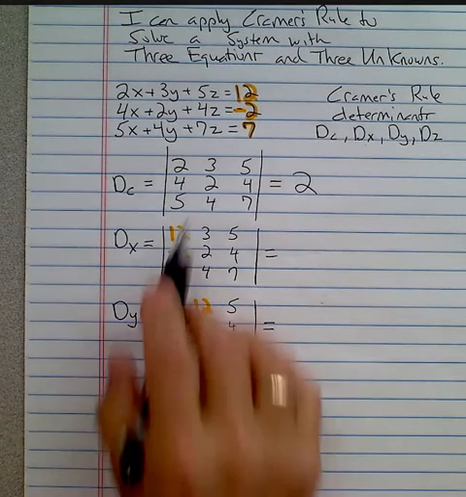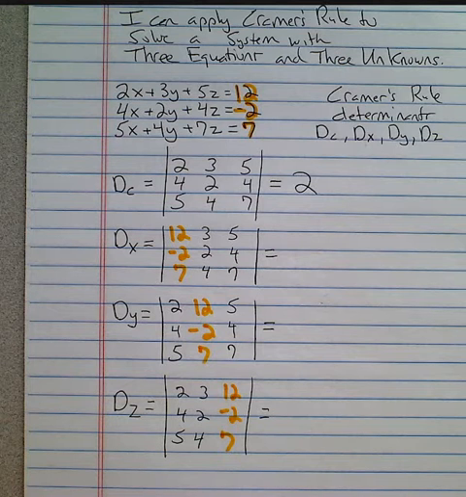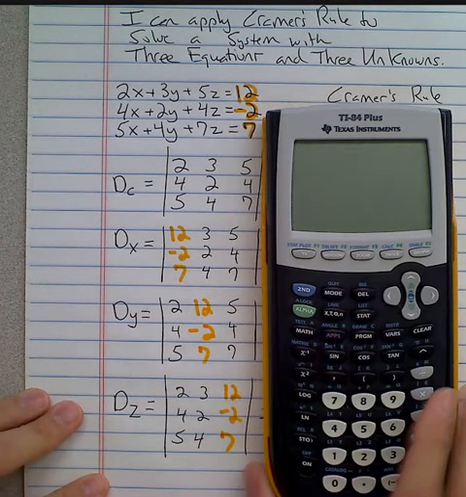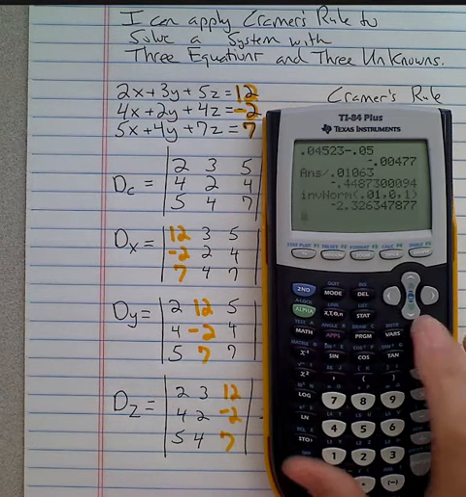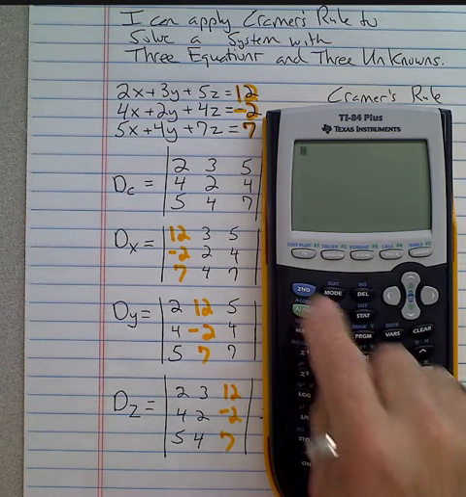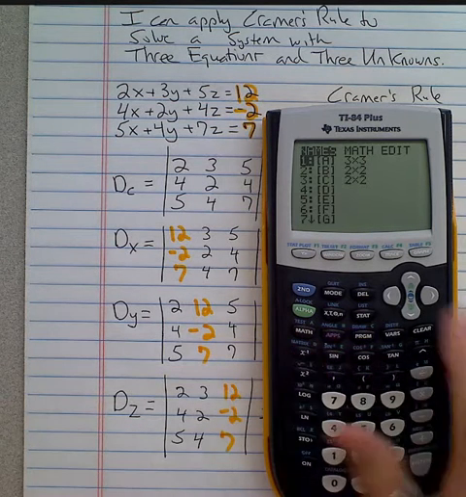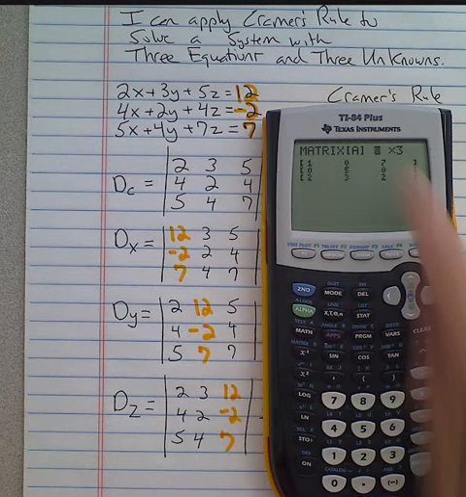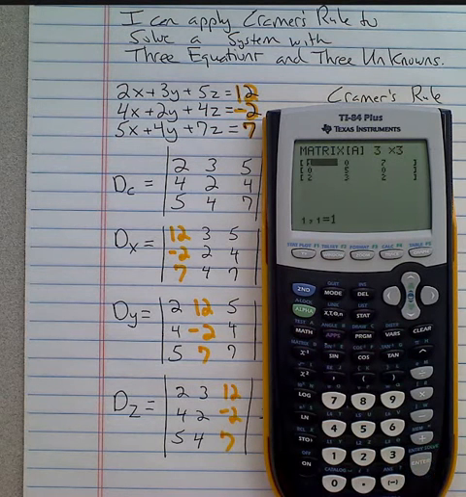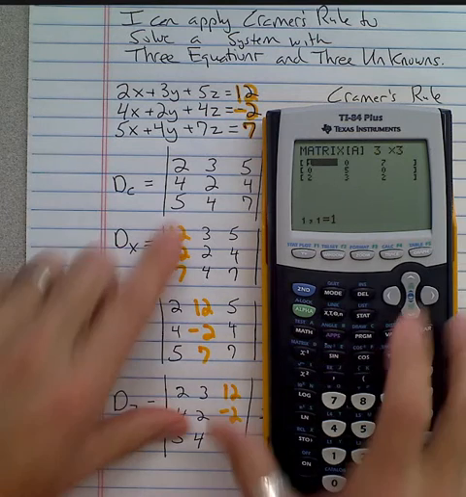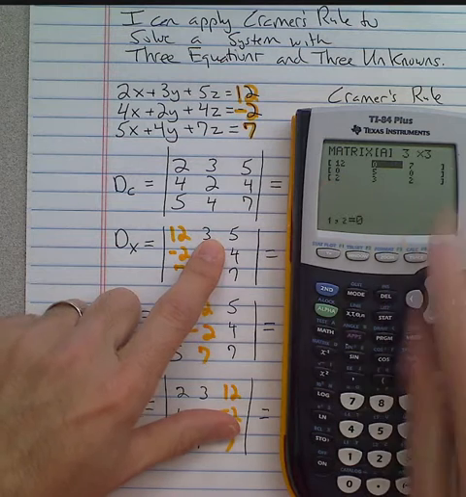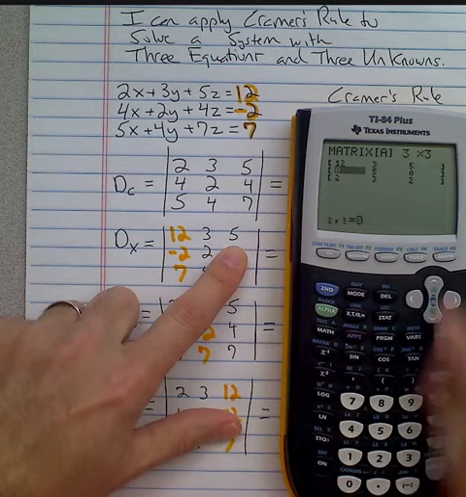I could do the diagonal method again. There's also a way that we can use the calculator to find determinants. On our calculator, once we turned it on, I'd like to clear our screen. If we go second matrix and then over to edit, this is where we can set the dimensions of the matrix, and then we can put in our values. The cursor moves across, so be careful to put in the correct values.